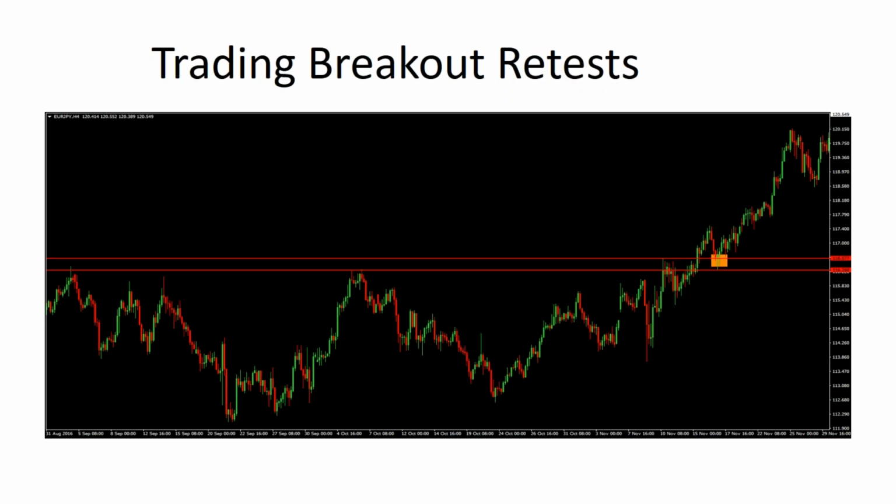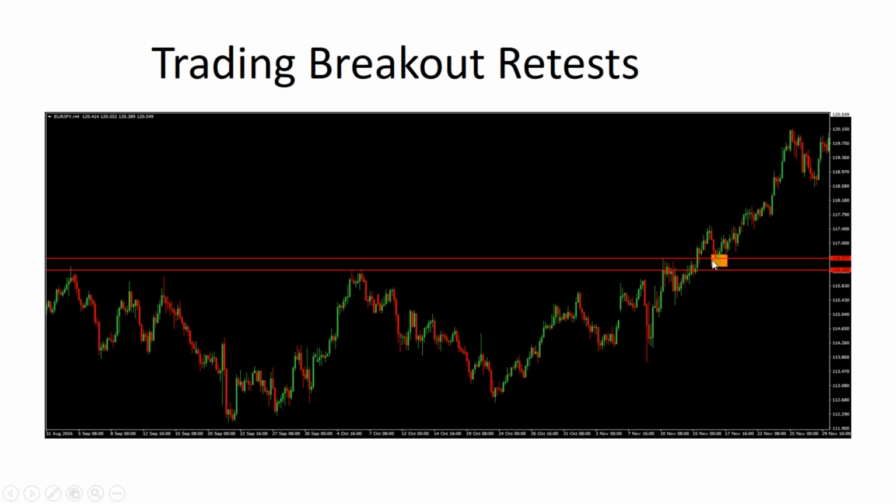Because essentially what we're seeing here is the breakout zone acting as a pivot. If price breaks out above the resistance level, and if we're going to see a full and sustained move, then a retest of the breakout zone should see price hold at support. So once price breaks out above the resistance and then we see price trading back down to retest that broken resistance, we know that if this move is going to continue, if it's not going to be a false breakout, then we want to see buyers stepping in at this level again, and we want to see this level acting as support.